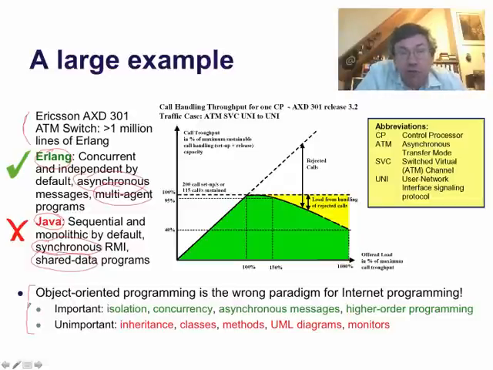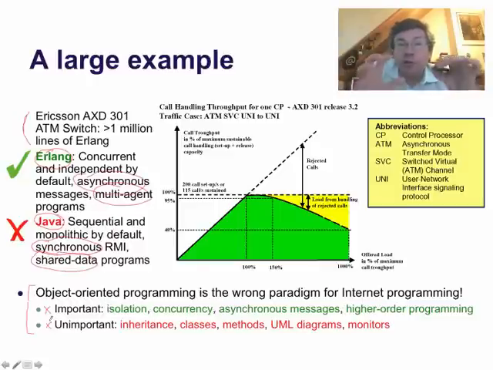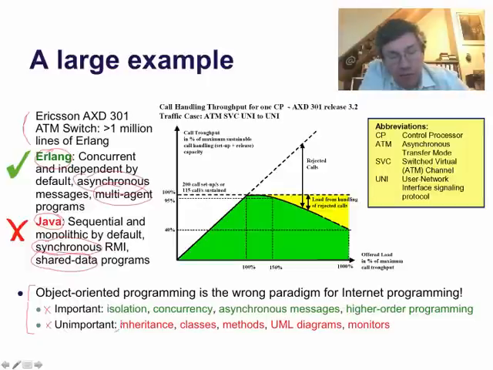So for internet applications, you need other concepts, such as isolation, concurrency, asynchronous messages, higher-order programming for factoring. What's relatively unimportant for the internet aspect of the language, so the distribution and fault tolerance, is inheritance, classes, methods, UML diagrams, monitors. These are not solving the problem.